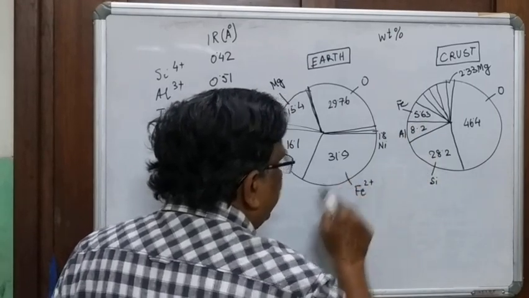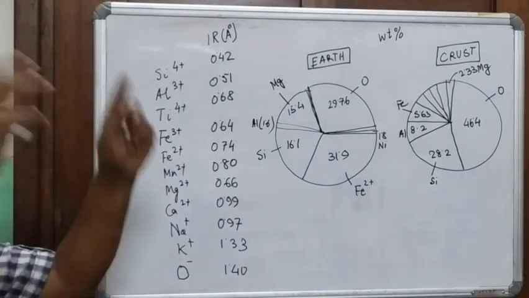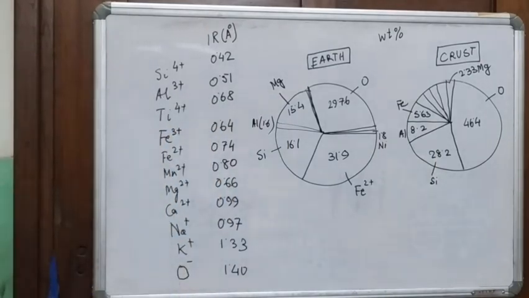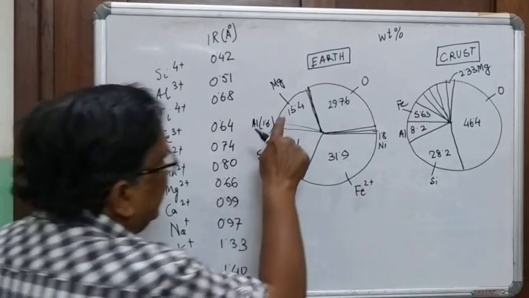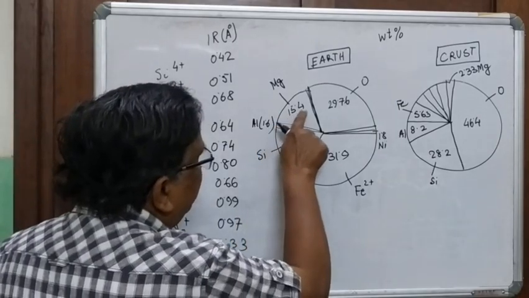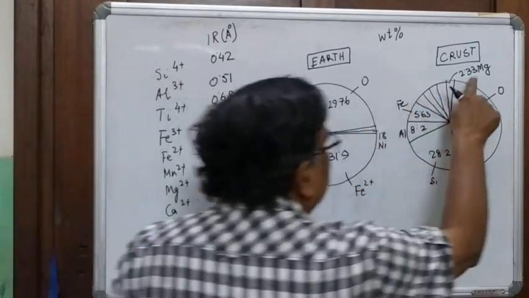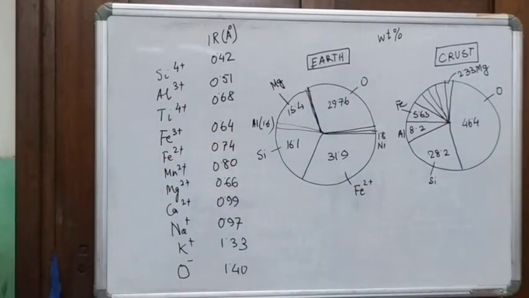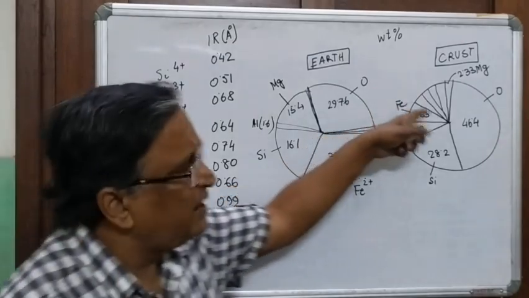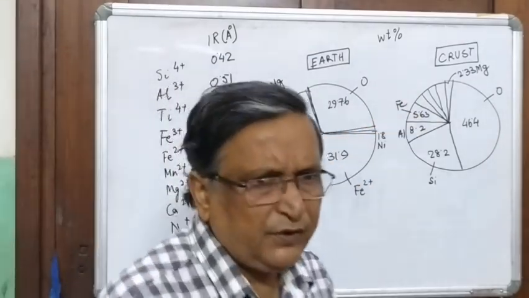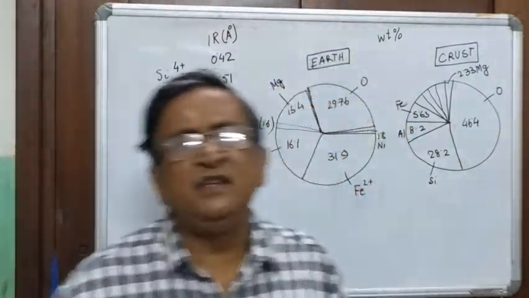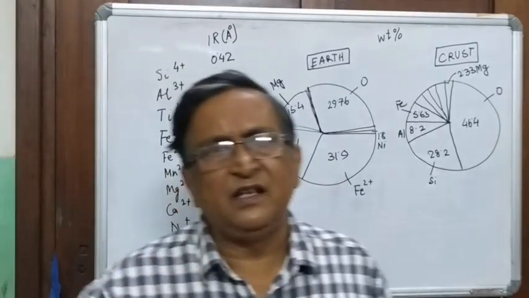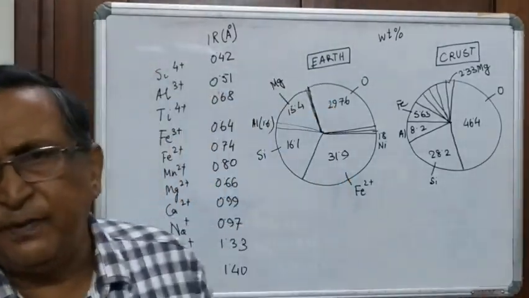This goes up to 31.9% if you take the whole Earth into consideration. Also, magnesium, which is 15.4% in the Earth, is down to 2.33% in the Earth's crust. These are the other elements. I have not listed all. In fact, if you search for element abundances in the Earth and element abundances in the crust on the internet, you get the perfect figures.